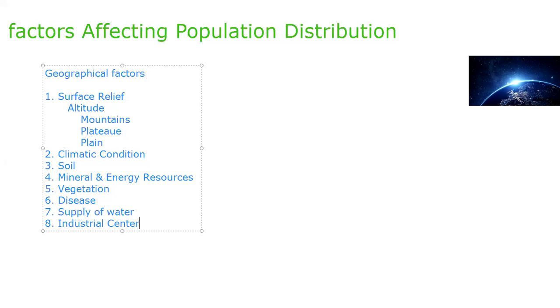So the term industrial center is used because if any area has industry or industrial center, it means that there will be better housing facilities, there will be water supply, there will be favorable climatic conditions, there will be medical facilities, and of course, all the above 7 points will be considered while making an industrial center. That's why around the industrial center, the population density is generally high.